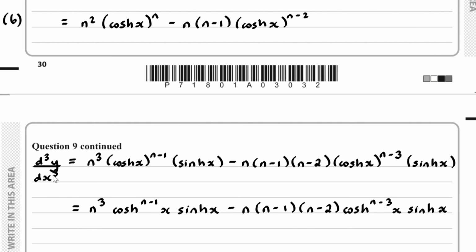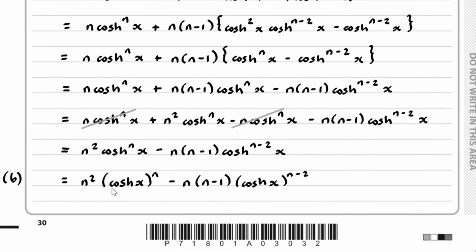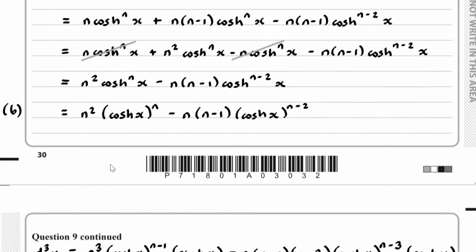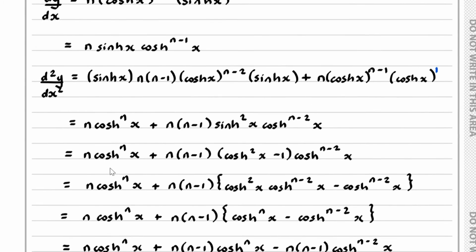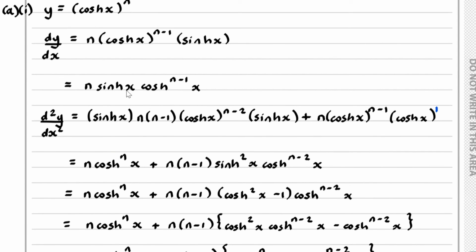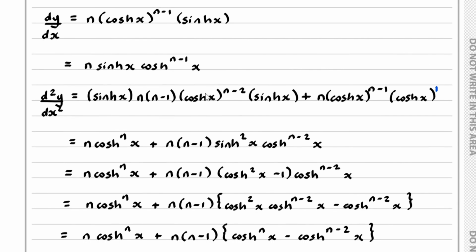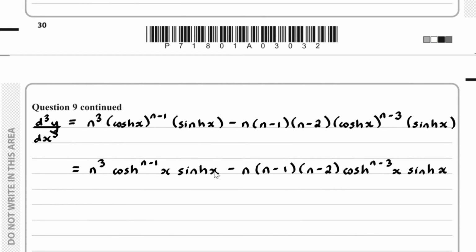Now, if I differentiate this again, notice how we have differentiated n times sin x times cosh x to the n minus 1. And that's what I have over here. And then to differentiate this, I'd have to use the product rule again. So what I'm going to do is rewrite this as n squared multiplied by n times cosh to the n minus 1 x times sin x.